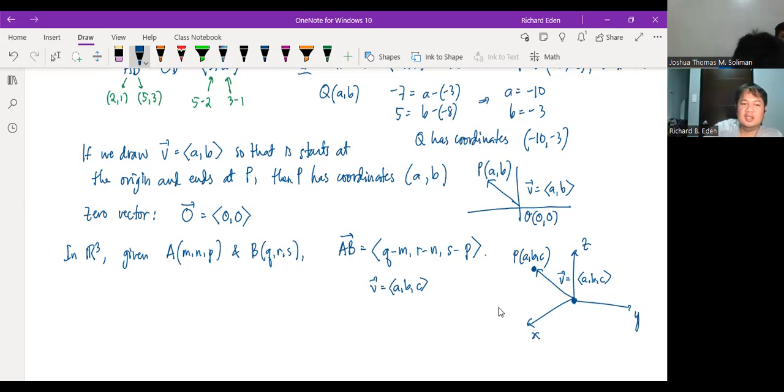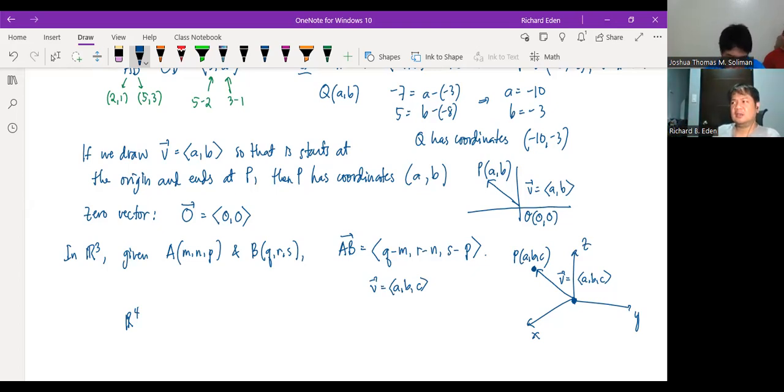All right, kasi if we want to draw points in R4, di ba, kailangan natin x-axis, y-axis, z-axis, and also w-axis. And now these four axes must all be concurrent, passing through the same point that we're going to label the origin. But any two of them must be perpendicular.